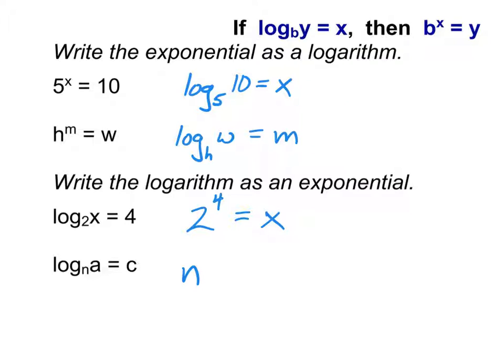Think about which letter that is going to be. Since log always equals the exponent, my exponent must be c. And finally, process of elimination would tell us that the last one is a, but again, you could also look up here and see that that's the y value. It's whatever's inside of the logarithm there.